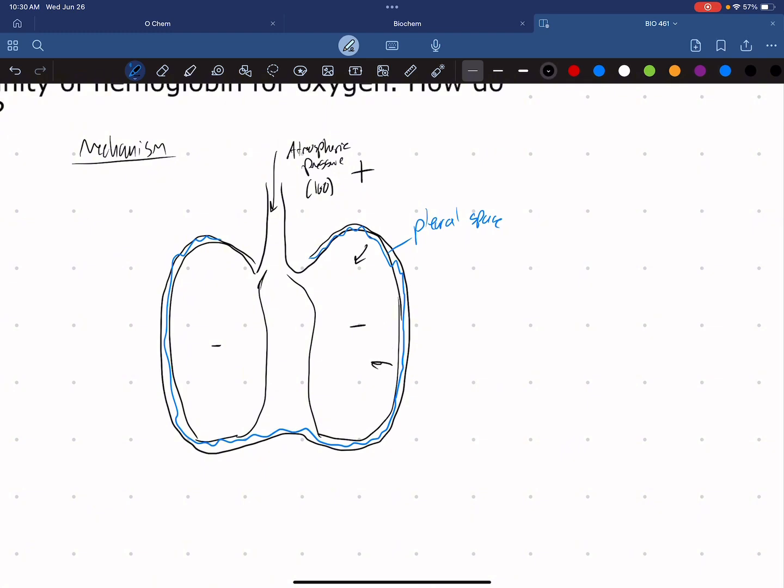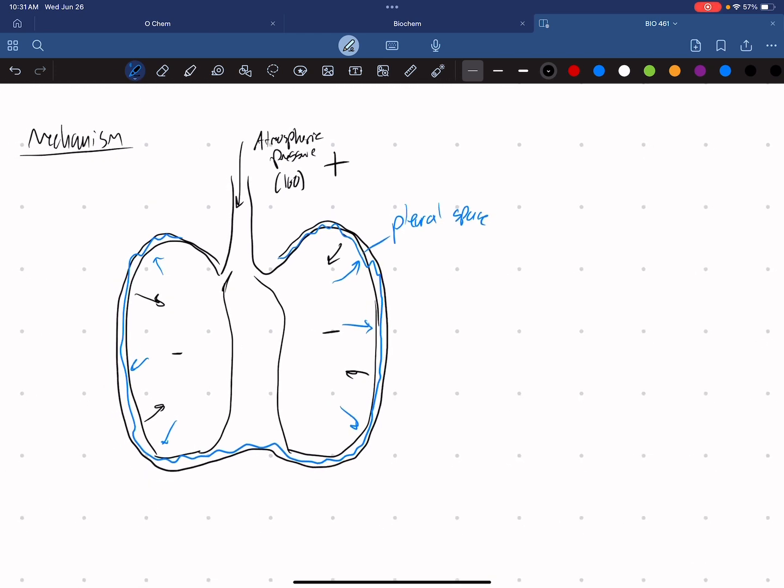They're elastic and they want to close, but there is a negative pressure that is developed, and so this pleural space that has this negative pressure creates this vacuum that keeps the lungs sucked outside, sticking to the chest cavity, and that is what allows us to have this vacuum and difference in pressure. It is the driving force behind this pressure.